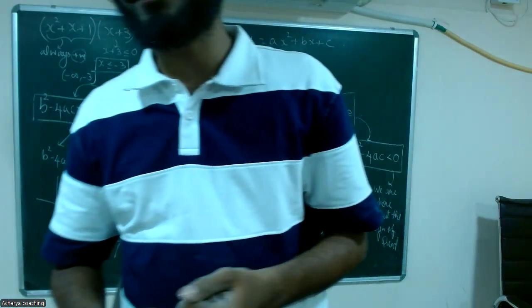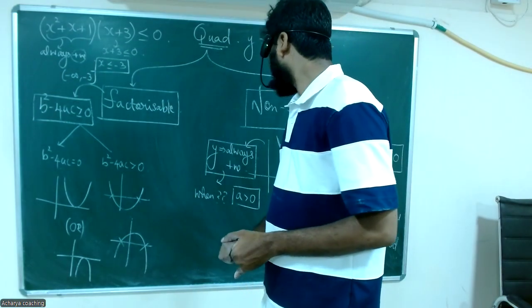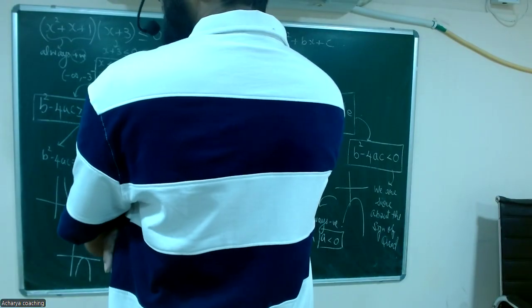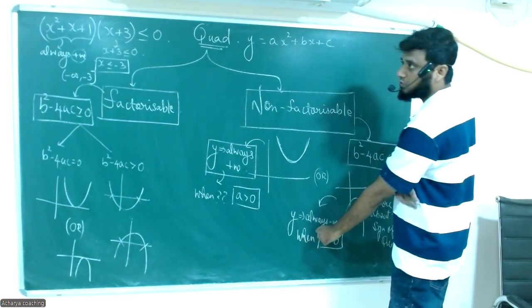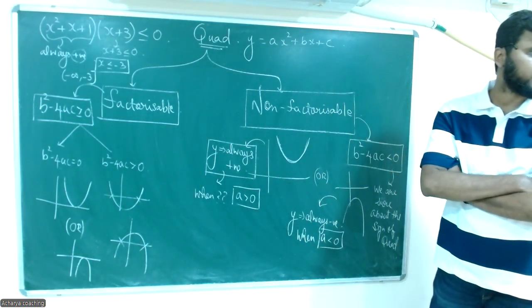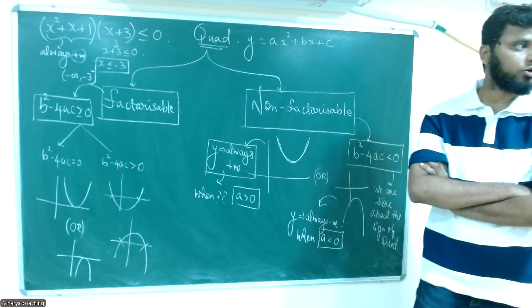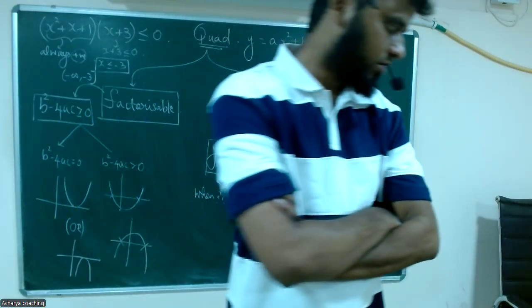If the coefficient of x square is negative, then it is always negative. So in that case, if it is the negative one, we have to reverse the sign of inequality. Because if it is always negative and I divide by that, we have to reverse the sign of inequality. Copy fast.